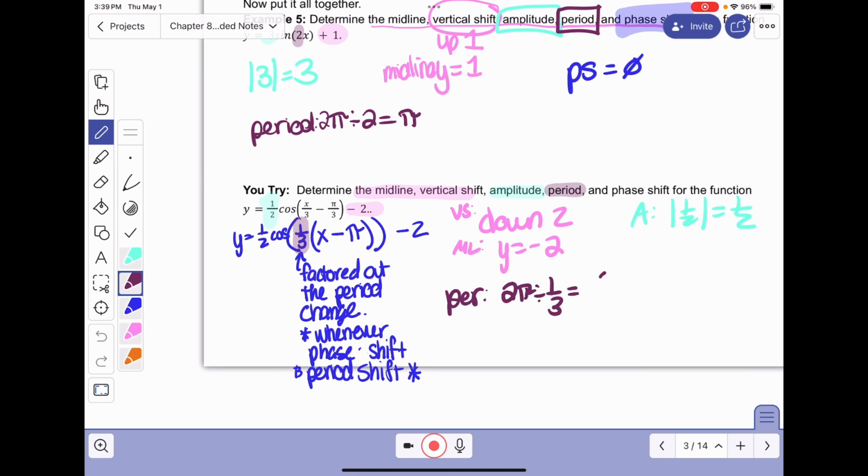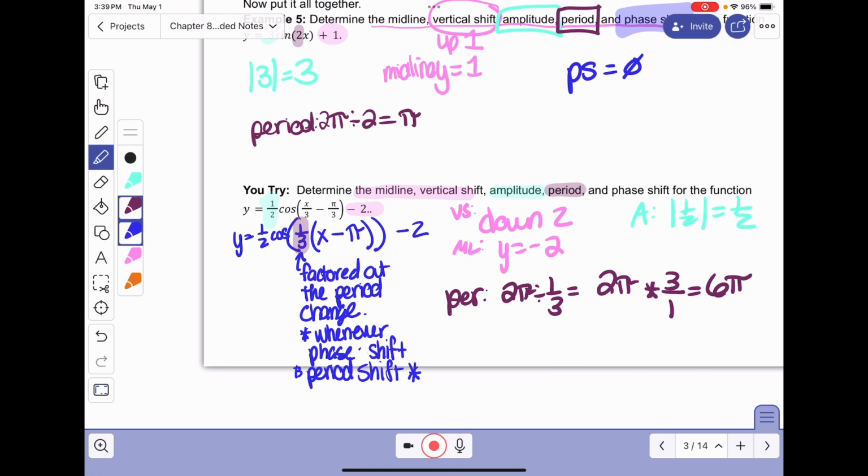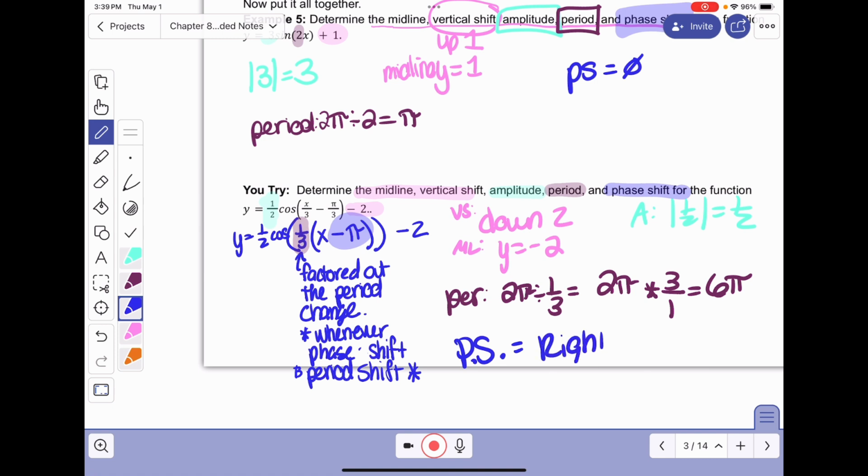To divide fractions, we keep the first, change to multiplication, flip, so we get 6 pi. And then our phase shift is going to use that new one after we've factored out the period. So our phase shift is going to be right pi. That's how that part works.